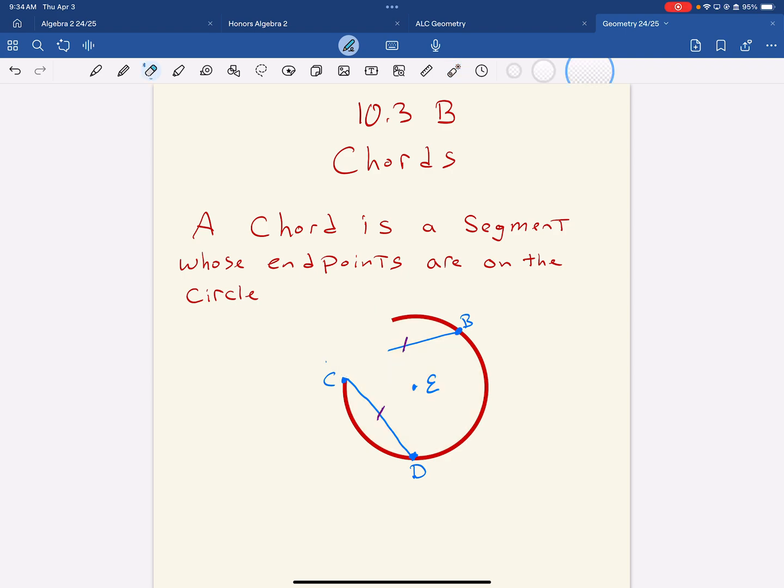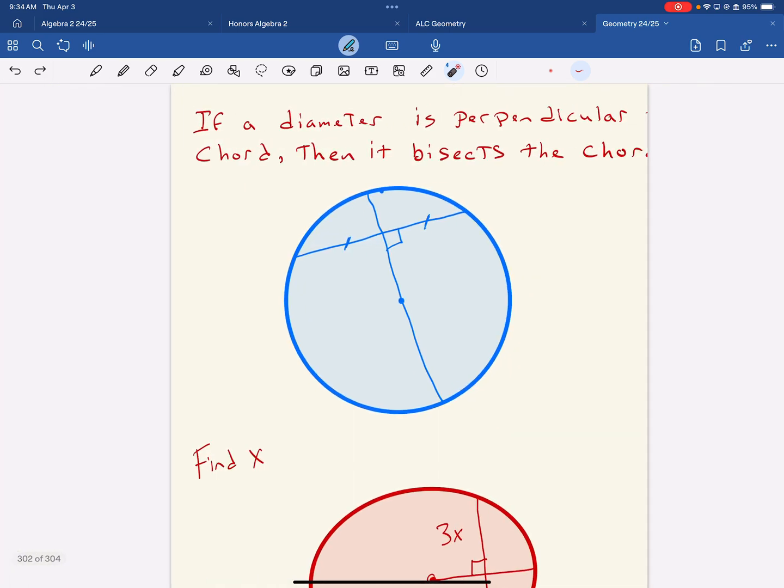You'll notice that this chord creates this arc, and this chord creates this arc right here. If these two chords are congruent to each other, then these two arcs are congruent to each other. Again, it's not something we're going to deal with too much today. Just some information about chords. That's a little bit interesting, but again, not anything we're going to worry about today.